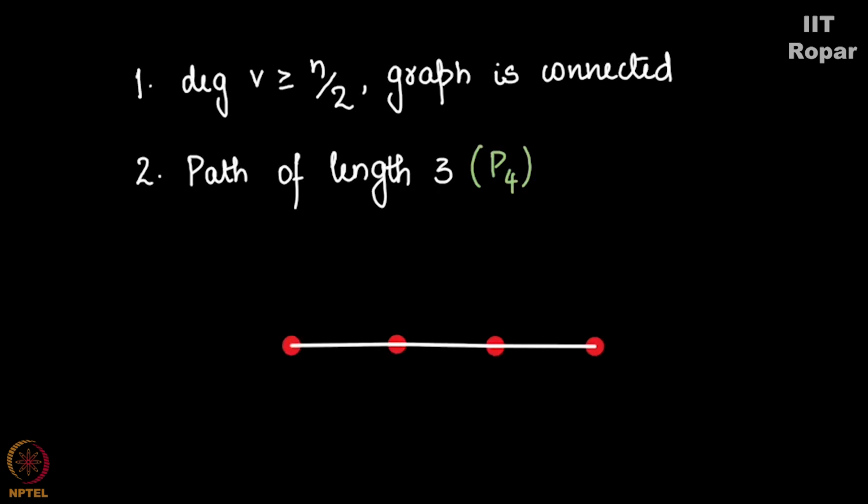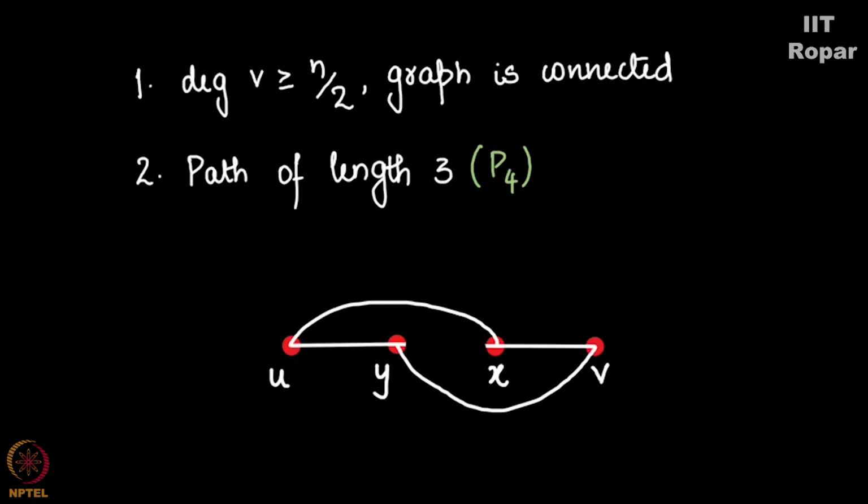So whenever you take a path like this, if you have an edge from U to V, from V you have an edge to X, and from U you have an edge to Y, do you see what happens? If you remove this edge, you will get a cycle U, Y, V, X and U. Do you see what I say? U, Y, V, X and U.